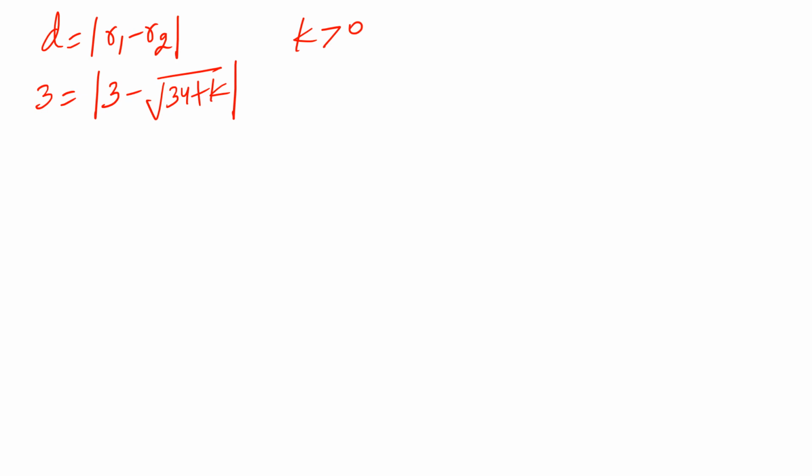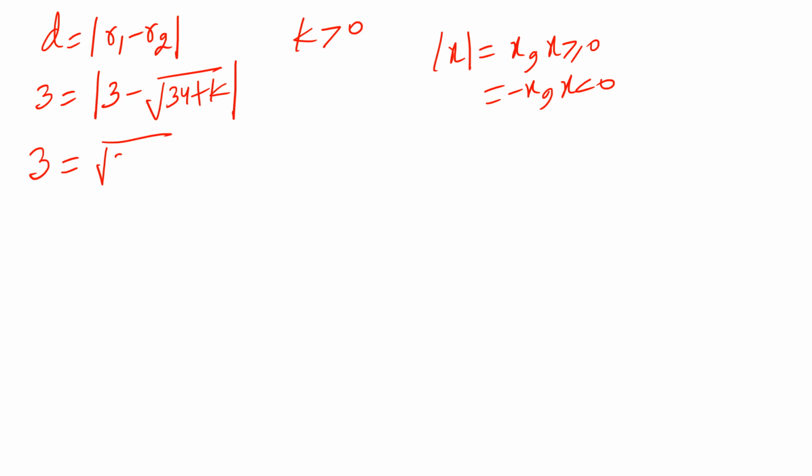So obviously square root of 34 plus k will be bigger than 3. And we also know that mod of x is equal to x when x is greater than or equal to 0, and this is minus x when x is negative. So that means I can write 3 equal to square root of 34 plus k minus 3, because this particular quantity on the right hand side is going to be positive. Fine.